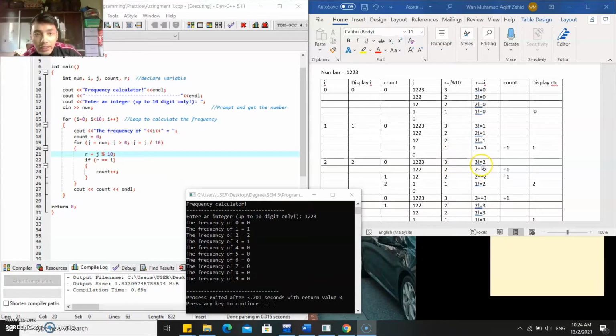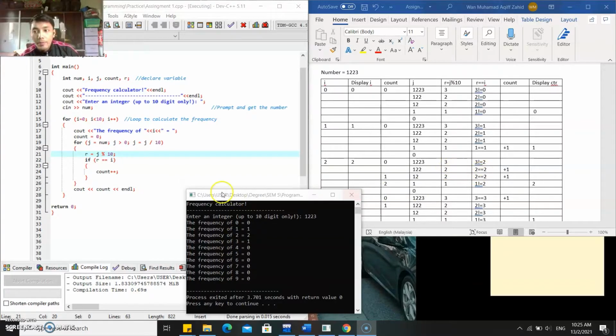We check again, r is not equal to 2 because 3 is not equal to 2, and the count will not be added yet. And then 1223 divided by 10 is equal to 122, and 122 modulus by 10, we are left with 2.